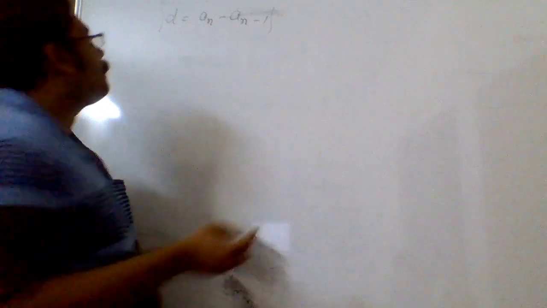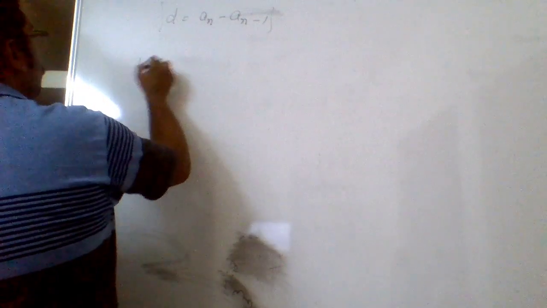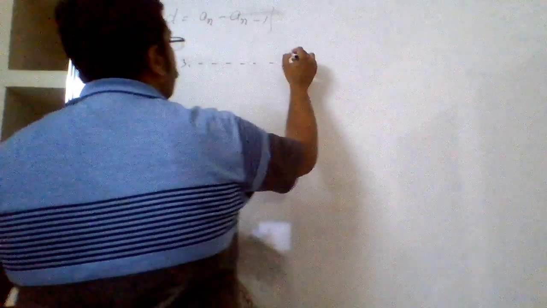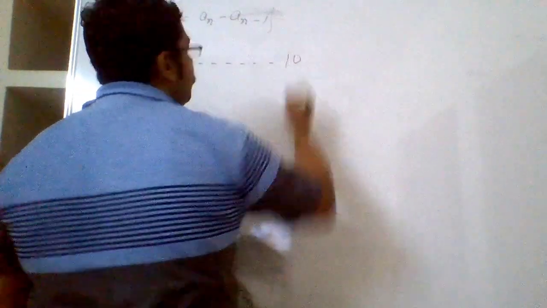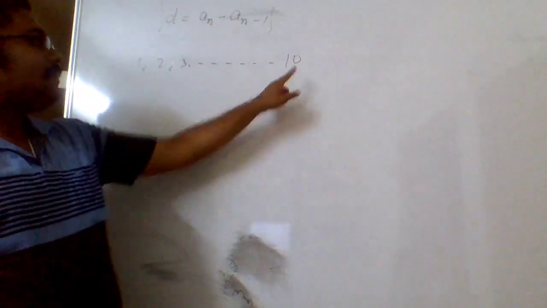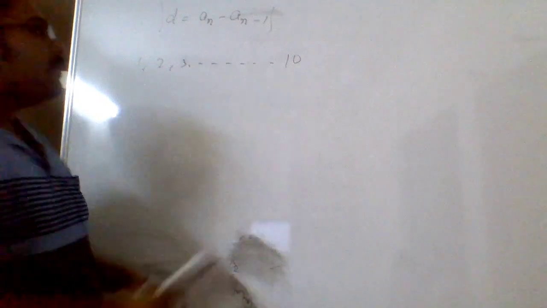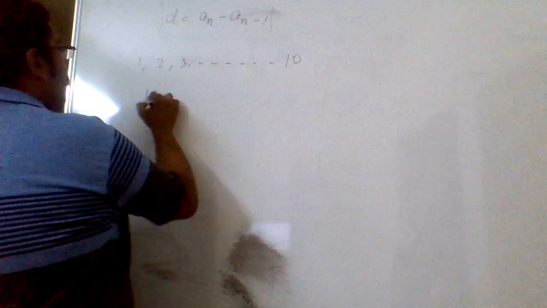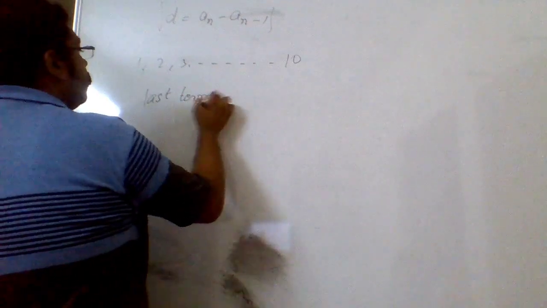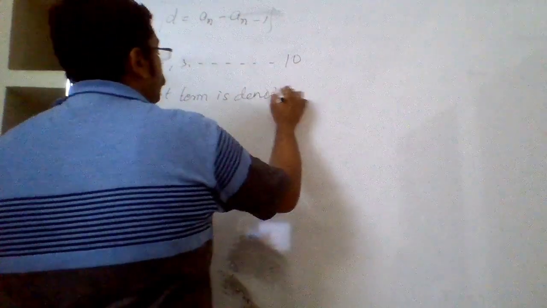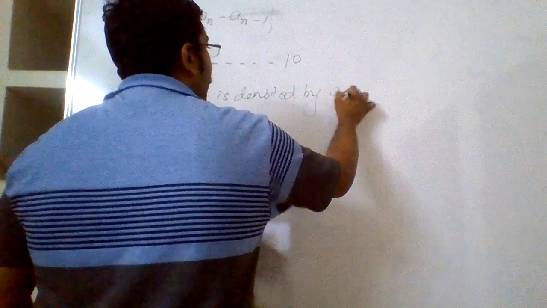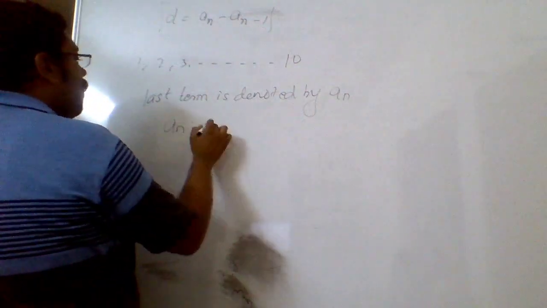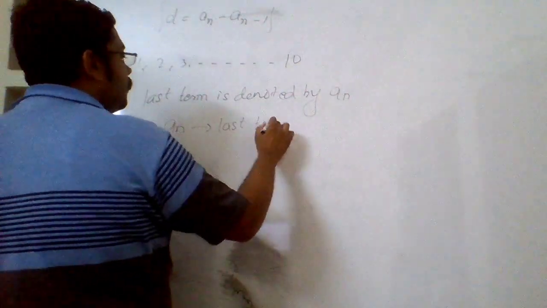So on. Then in an AP, if you are writing 1, 2, 3, 4, etc., and you are writing the last number as 10, the last term is denoted by An. So An is called the last term.